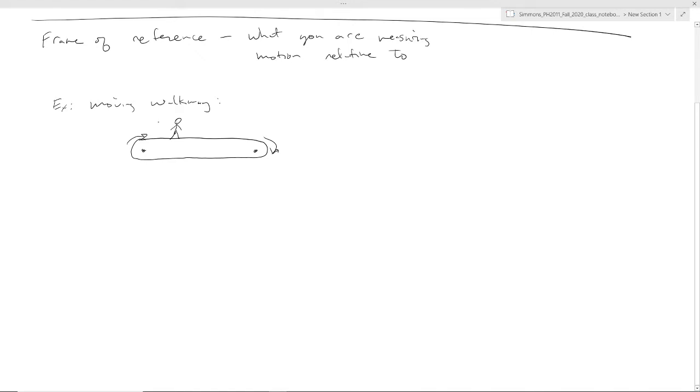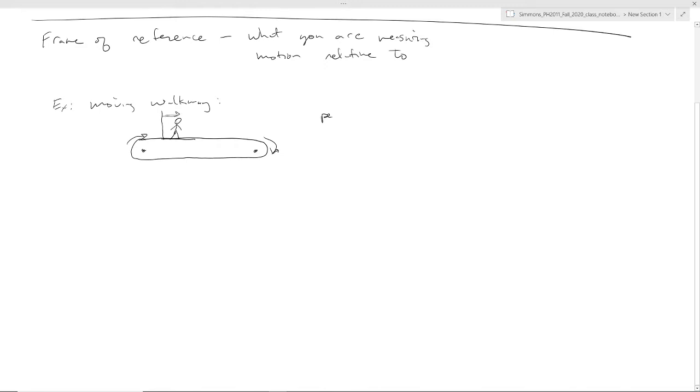Now, if we put our frame of reference on the belt, a lot of times we indicate this by a little coordinate system like this, where it's assumed that this is basically x and y. We put our coordinate system on there, and if it's attached to the belt, it would be moving as well.